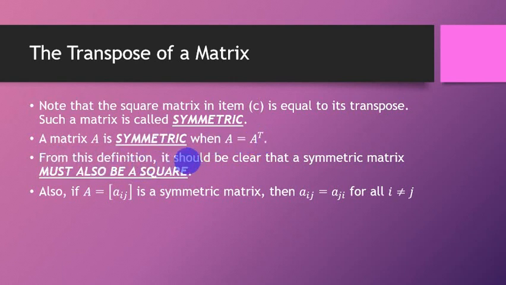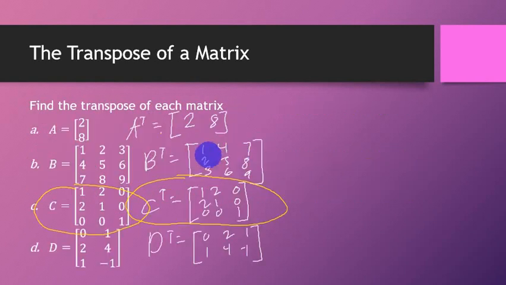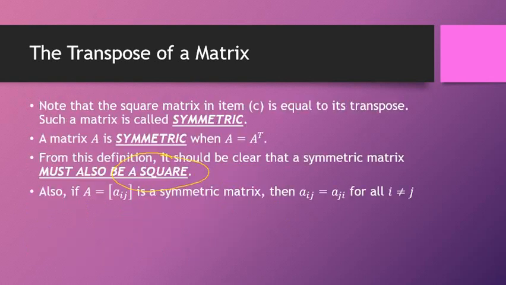From this definition, it should be clear that a symmetric matrix must also be a square matrix, because if you take a look at the other examples, A and A transpose have different sizes. B and B transpose have similar sizes, but that is because B is a square matrix. For D, which is not a square matrix, its transpose has a different size.